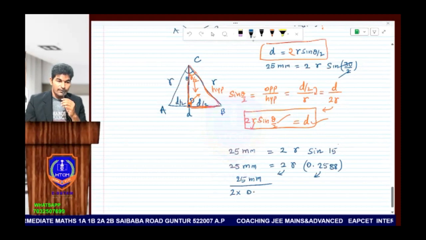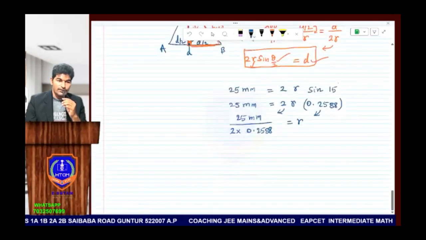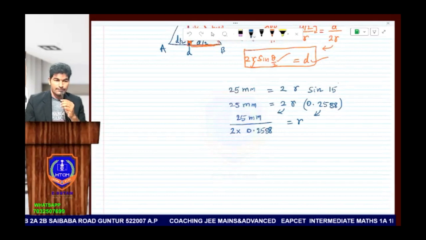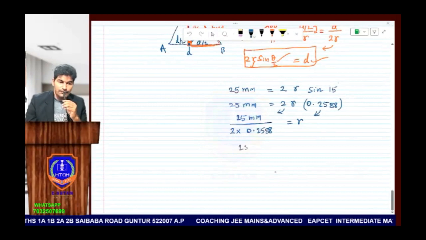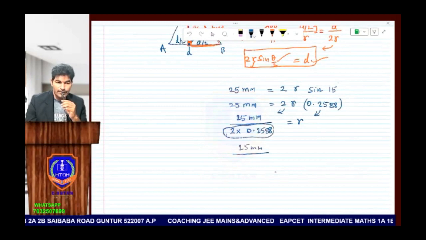So write in the denominator 2 into 0.2588, and what is left on the right hand side? R. So now calculate this value: 25 divided by 2 into 0.2588. First calculate this denominator part, how much is it?